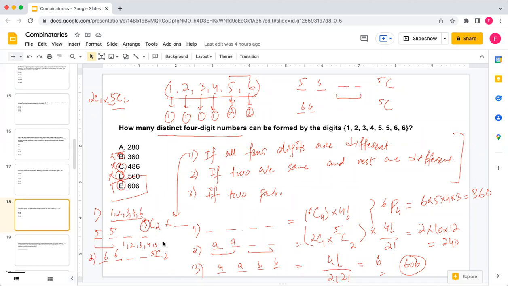This means all of these are different, not the same. That means you can't choose the same number again and again. That's what is meant by distinct. That is the without replacement case, right? This distinct is not that you need to pick different numbers from this. That's why you just consider the first case and get 360. But that's a trick. Getting the point?